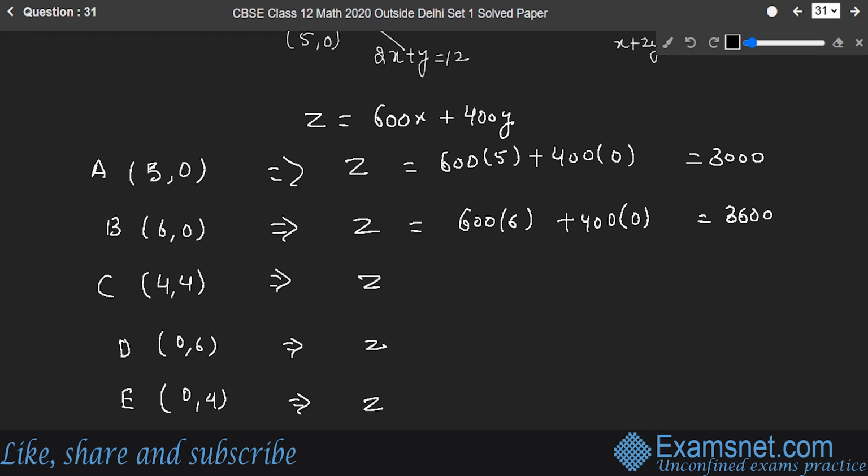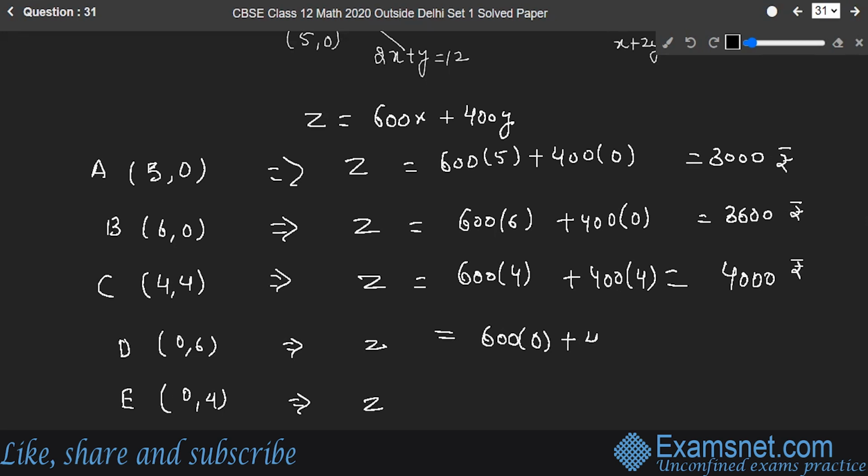For C, Z is 600 into 4 plus 400 into 4, which is 2,400 plus 1,600, which is equal to 4,000 rupees. All these are rupees. And for D, this is equal to 600 into 0 plus 400 into 6, which is 2,400 rupees. For E, this is equal to 600 into 0 plus 400 into 4, which is equal to 1,600 rupees.